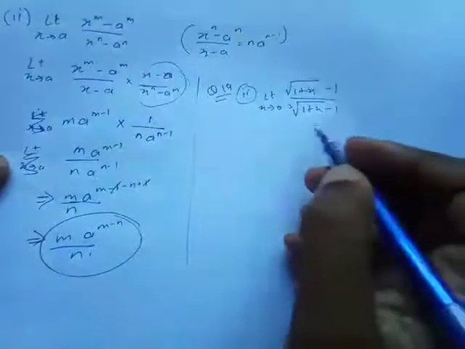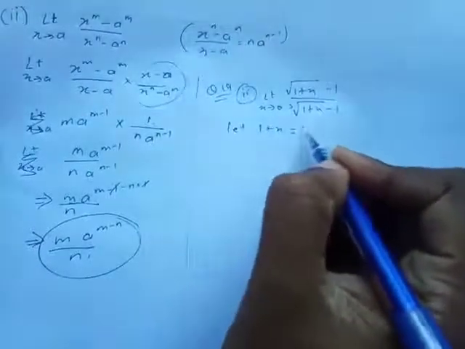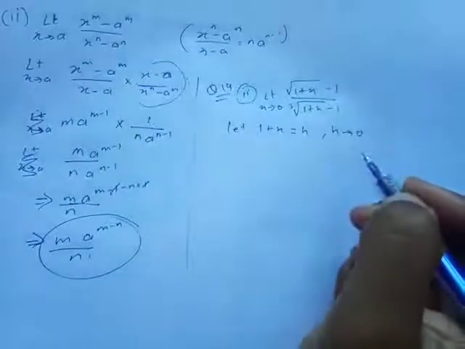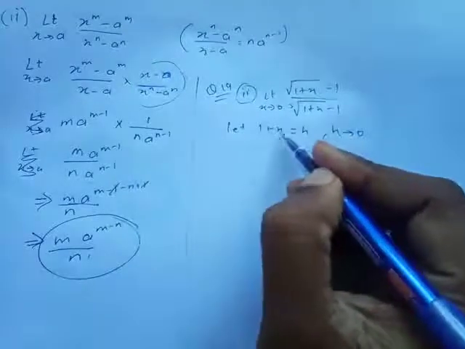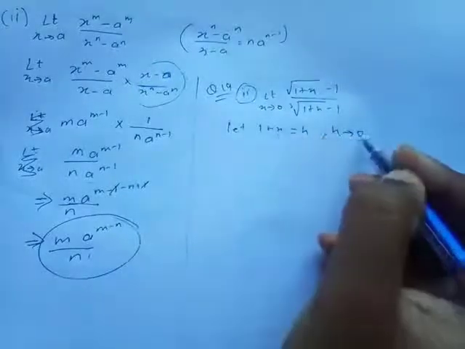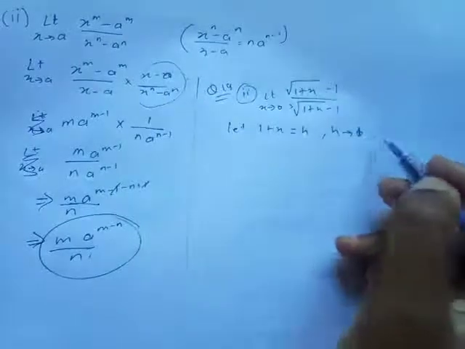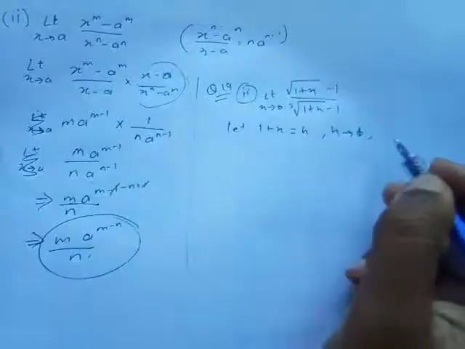So what I'll be doing in this question, I'll say let 1 plus x equal h, and h tends to 0. Or h tends to 1 also, because if x is 0 then h tends to 1. Sorry, why does h tend to 1? Because x goes to 0, so what remains is h and 1, so h tends to 1.